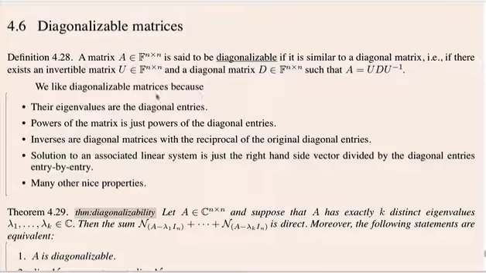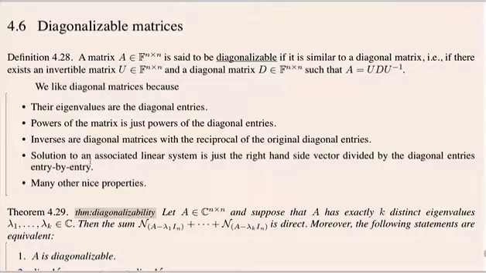And the reason why we like diagonalizable matrices, first of all, diagonal matrices, is because their eigenvalues are the diagonal entries. Also, the powers of the matrix are just the powers of the diagonal entries. If you think about how we multiply them, inverses of diagonal matrices are also diagonal matrices with the reciprocals of the original diagonal entries.